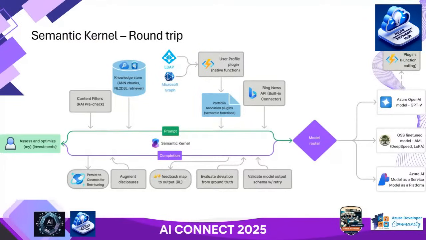That request is going to go through Semantic Kernel, where we orchestrate all the logic, and then we make a request to Azure AI Search and our models, and provide a more structured and relevant response to the customer.